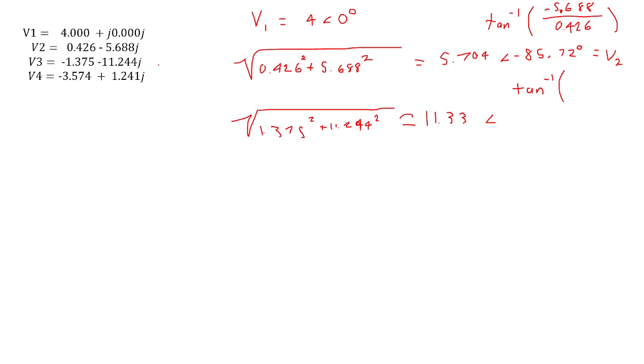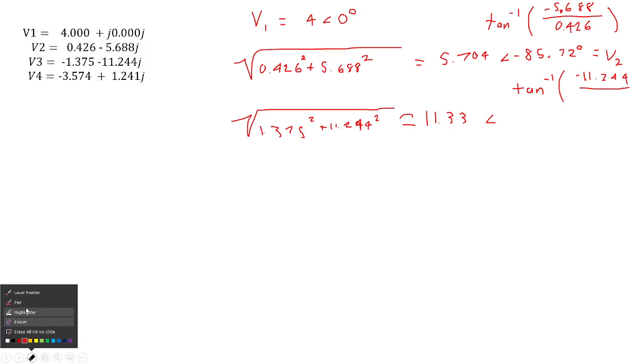Arctangent of imaginary over real will give us negative 11.244 divided by the real part, which is negative 1.375.